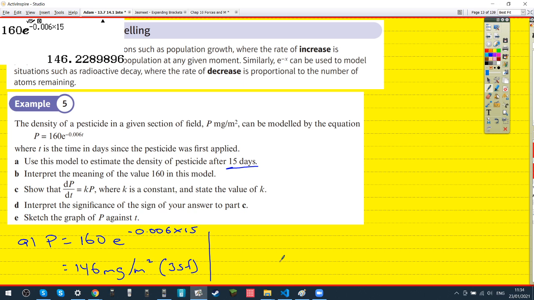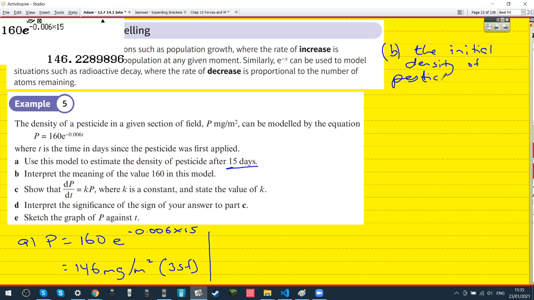And what's the significance of T being 0? When there's no time. Correct. So it's basically in the beginning. So the initial density of pesticide is 160. Yeah. So 160 is the initial density of pesticide, something like that.